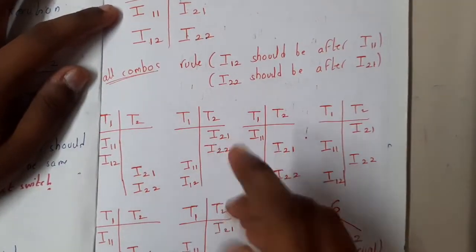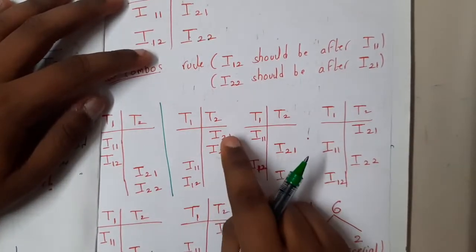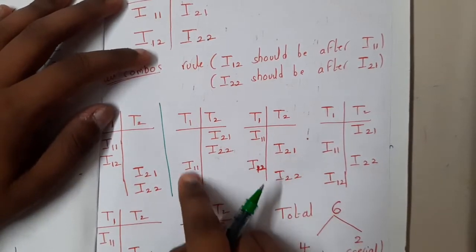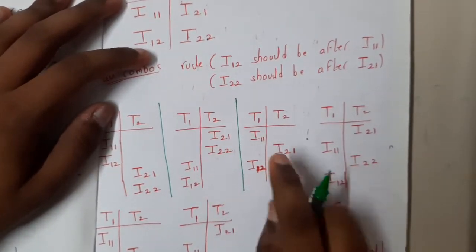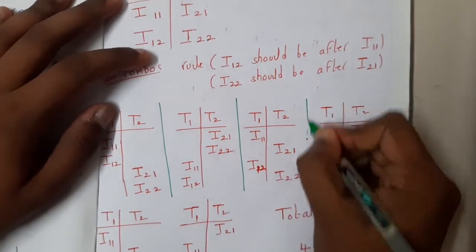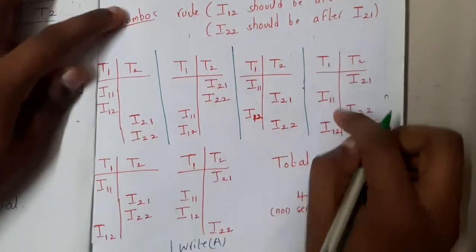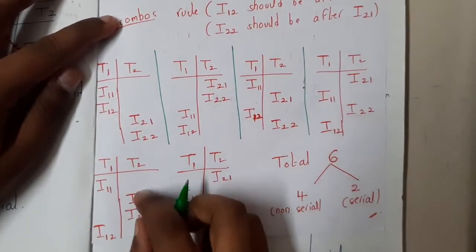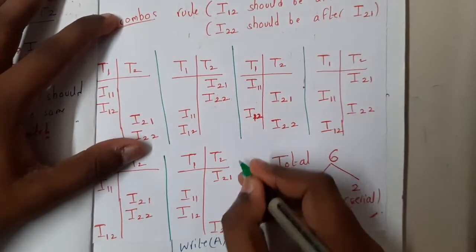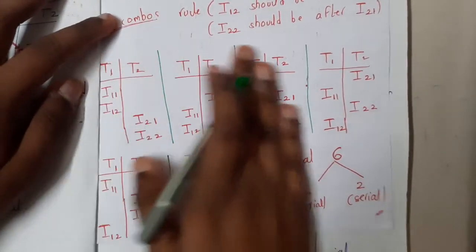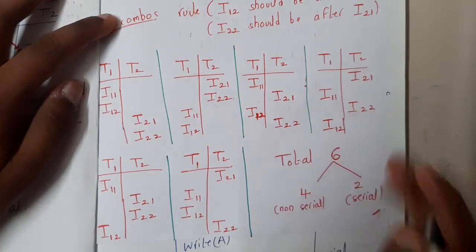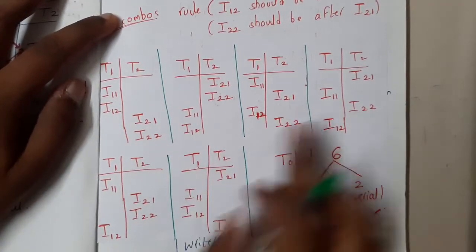In the second type, I executed T2 first and then T1. In the next I intermixed them. In the next I intermixed from the opposite side. In the next I kept I2 in between. In the next I kept I1 in between. So these are all the possible 6 different types.